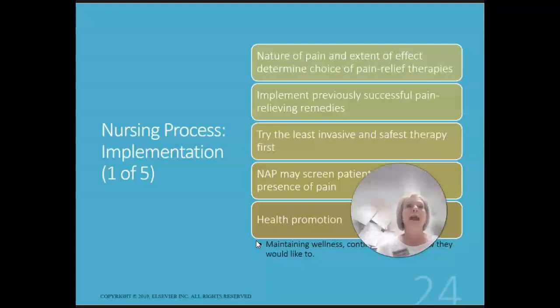Now, can a CNA document or screen for pain? Yes, nurse-assisted personnel can screen for pain, but once pain has been identified, it is the nurse's responsibility to treat the pain and then go back and reassess.